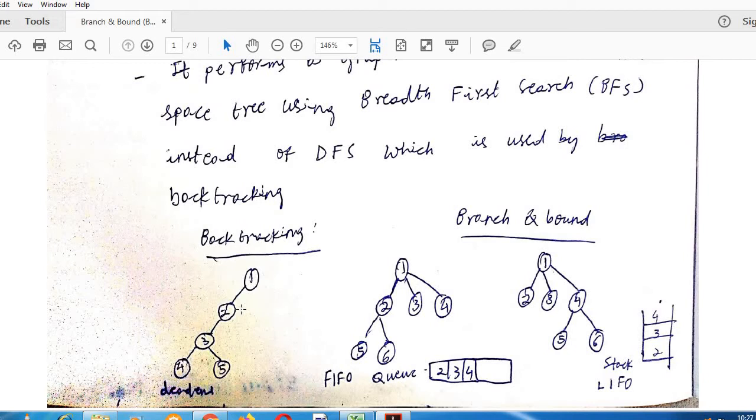I was telling about the depth first search. In backtracking, we usually make use of depth first search. In depth first search, first we start with the root node, then we traverse the next level node. Like that, we keep on traversing until we reach the depth of the tree.